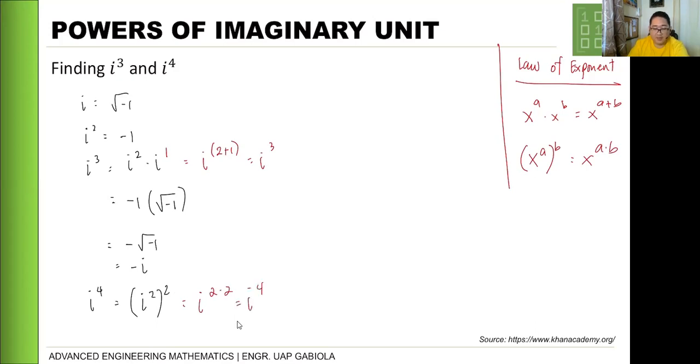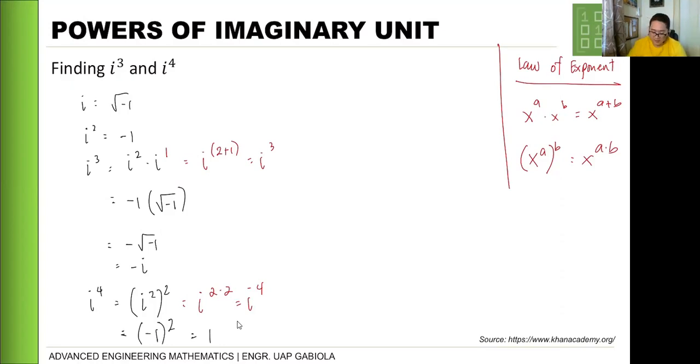Since i squared is negative 1 inside the parenthesis, and when we square negative 1, that will be equal to positive 1. Therefore, the value of i to the fourth is equal to 1.